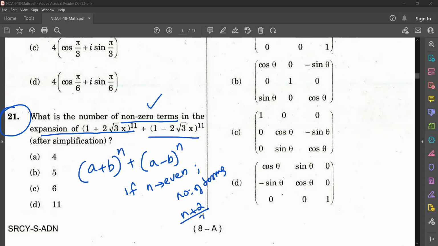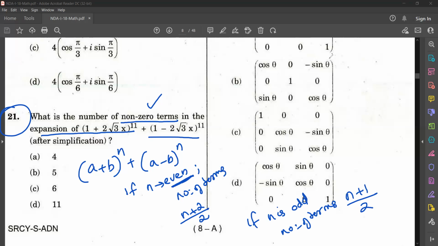If n is odd, the number of terms will be (n plus 1) by 2.